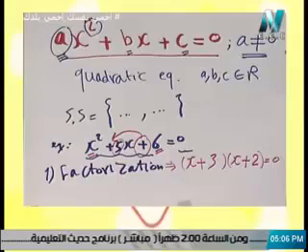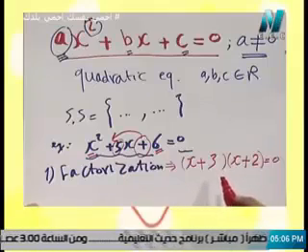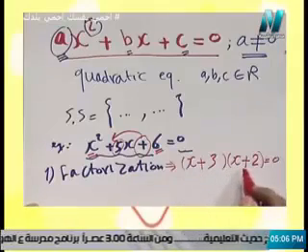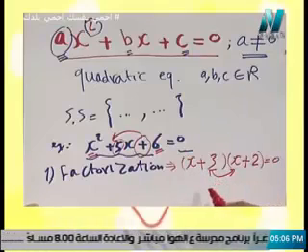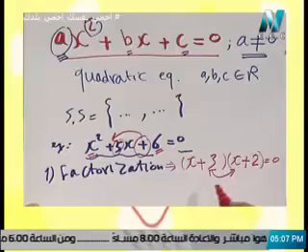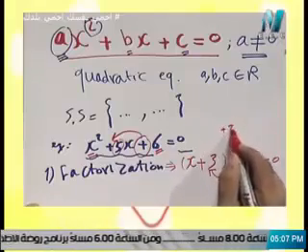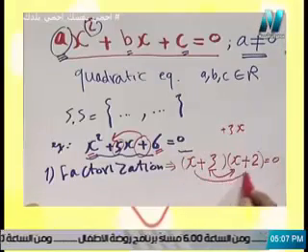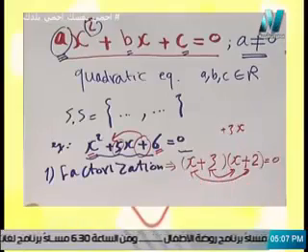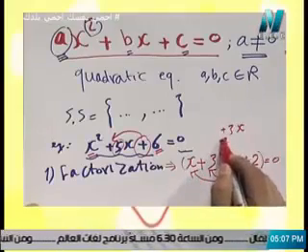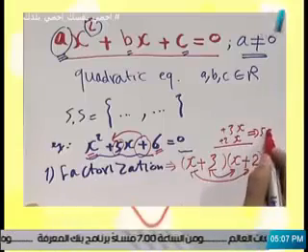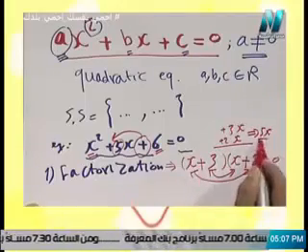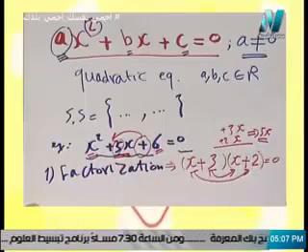Okay? We have to find out if the factorization is right. We multiply the means by each other, it will be positive 3x, and the product of the extremes, it will be positive 2x. Their sum will be 5x, which is the middle term.